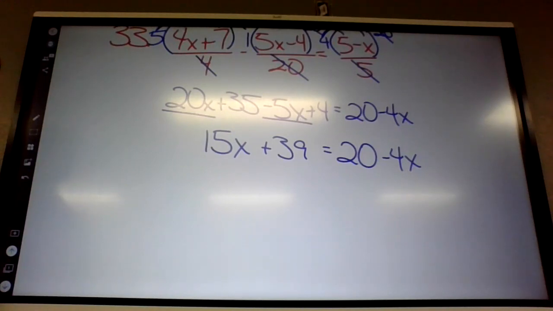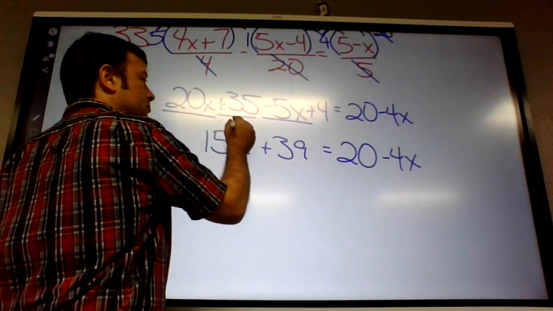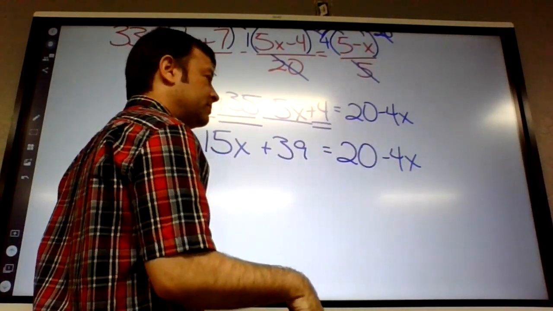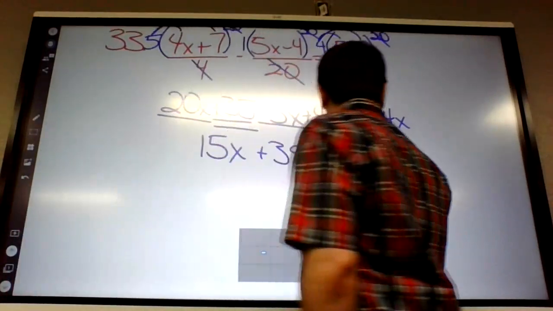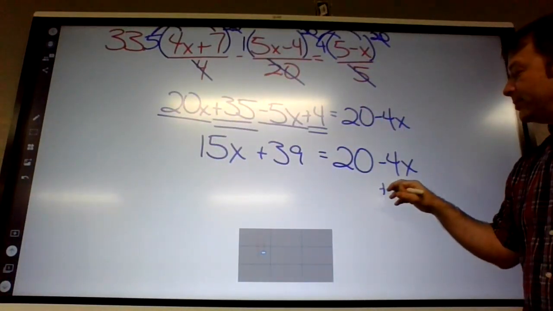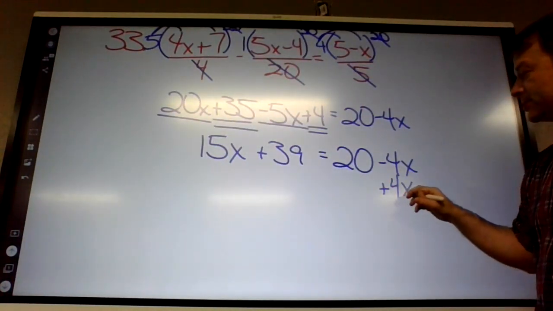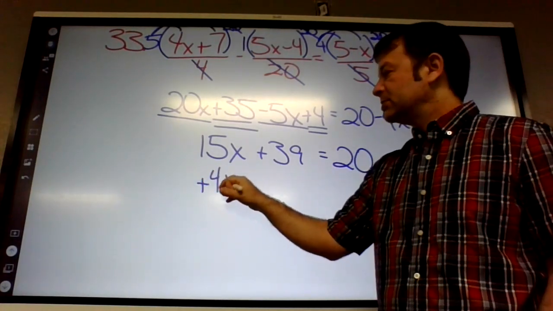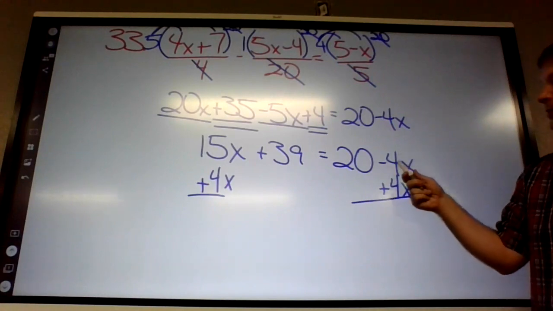Okay, now what? Now would you add, no, go ahead, keep going. Now would you add 4? Okay, yeah. So we got x's on both sides. We want to get rid of them on one side. Now that he's done simplifying. Plus 4x to get rid of the minus 4x over here.